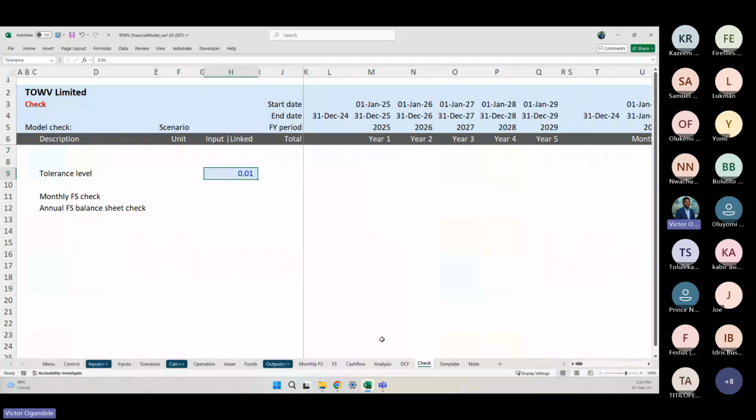So go to your check for this tolerance, set to 0.01. You can increase it, but most times try as much as possible to keep it to the lowest decimal.